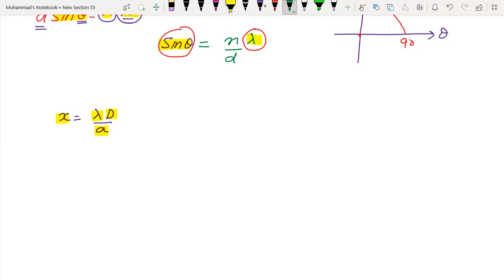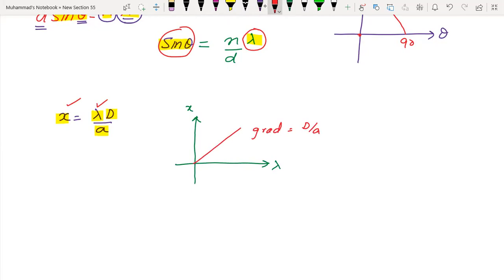So if we have to plot a graph of x versus lambda, what are we going to change? We are going to change wavelength, and we are observing the relationship between x and lambda, then it will be a straight line.